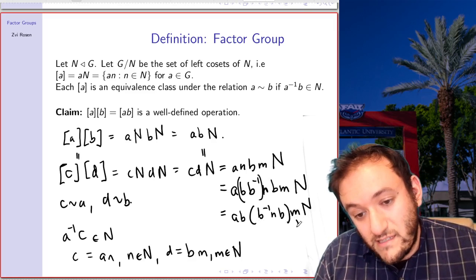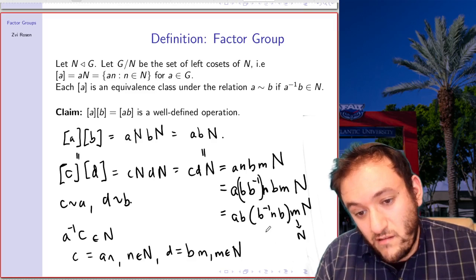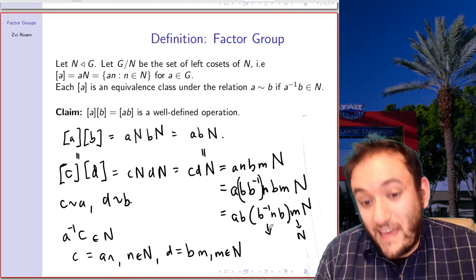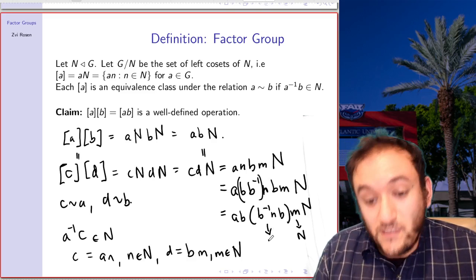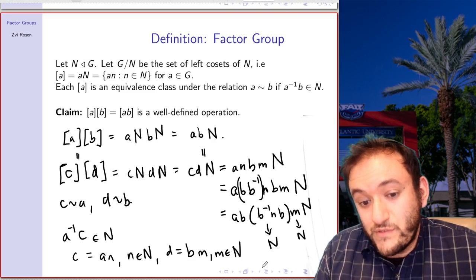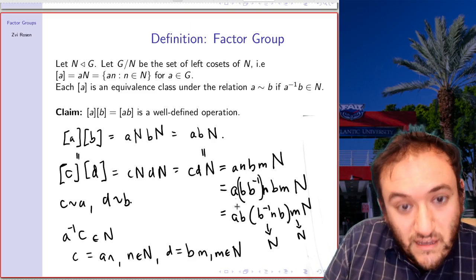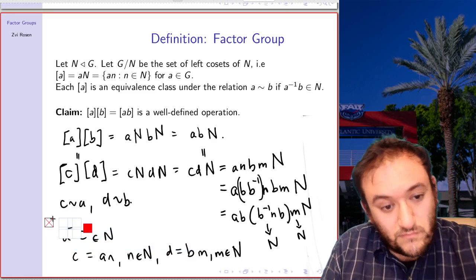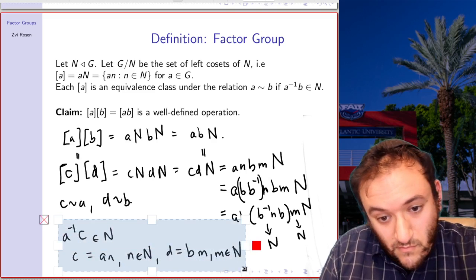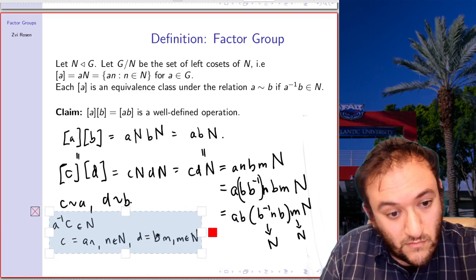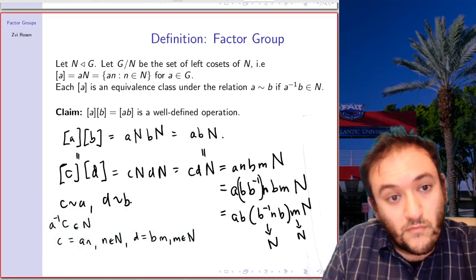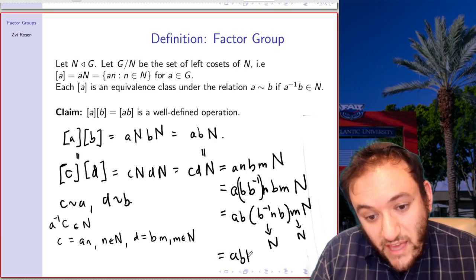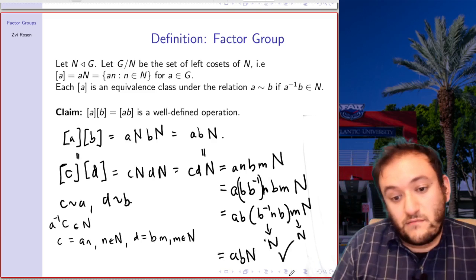So this, we already said, is in N. And this, because it's the conjugation of an element of the normal subgroup, is also in N. So this is equal to abN, which is exactly what we wanted.